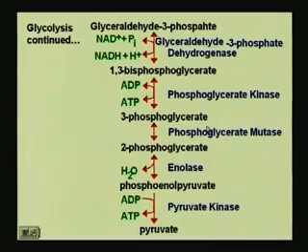And you have 3 phosphoglycerate formed. After you form 3 phosphoglycerate, there is a mutase reaction which shifts the phosphate moiety from the 3rd carbon to the 2nd carbon. So, you have 3 phosphoglycerate forming 2 phosphoglycerate, then another enzyme that helps in the dehydration is enolase, which results in phosphoenol pyruvate.